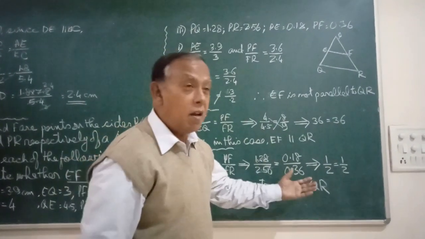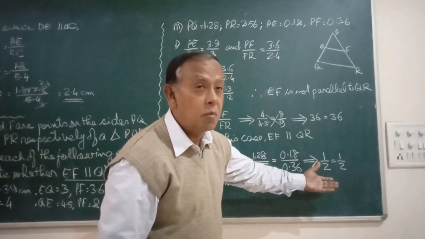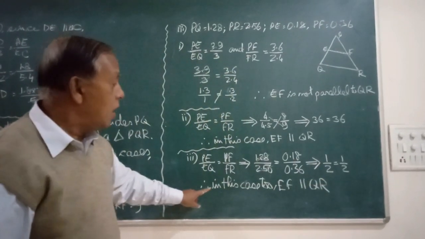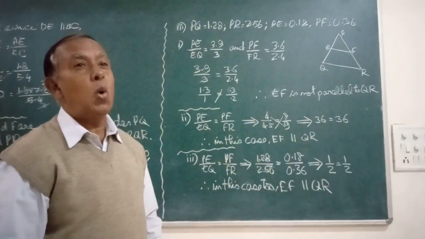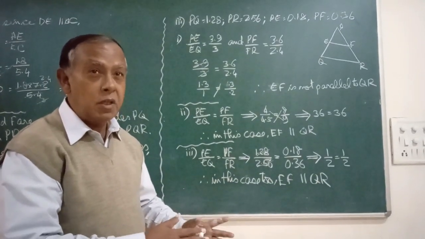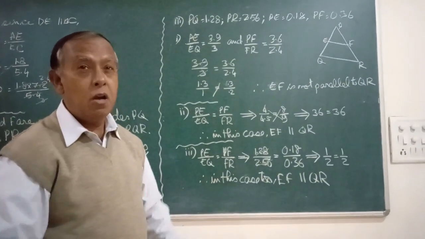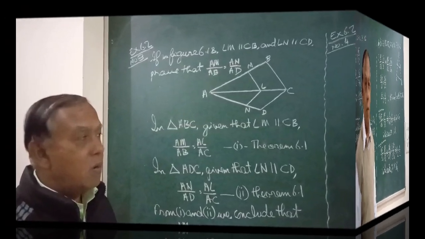So therefore, left side is equal to right side. Same proportion, same ratio. Therefore, in this case too, EF is parallel to QR. So it's a little arithmetical calculation following Theorem 6.1 of geometry that we have seen.